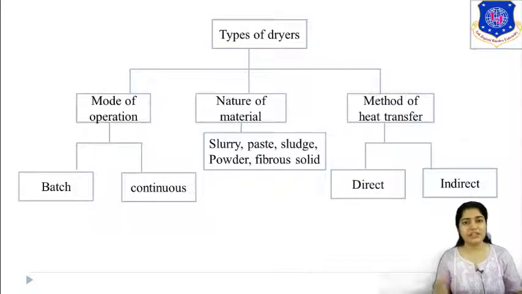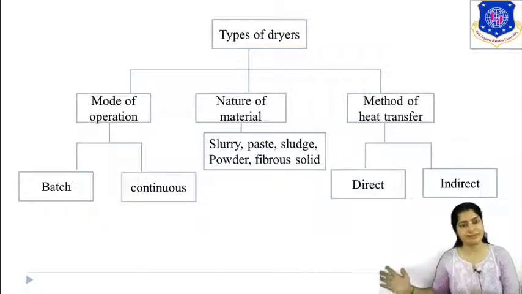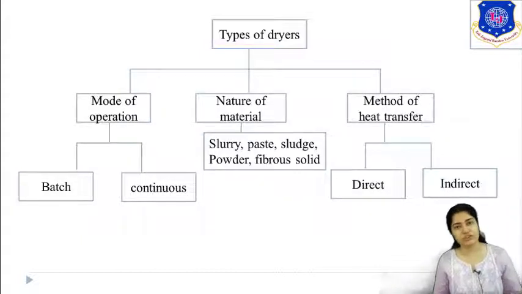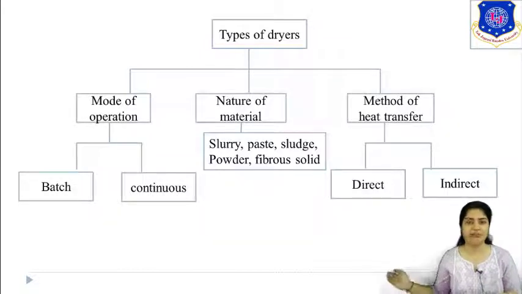Batch means you are loading your wet solid only one time in your dryer, in your equipment, and then you are drying it out. Continuous means continuous in and out of your wet solid is happening. Wet solid is going in and dried solid is coming out, at that instant only, in and out of your product is happening.